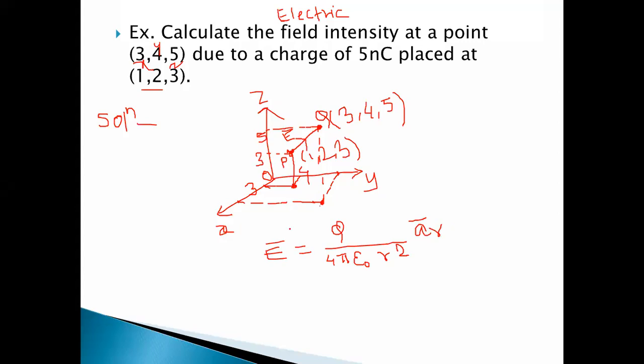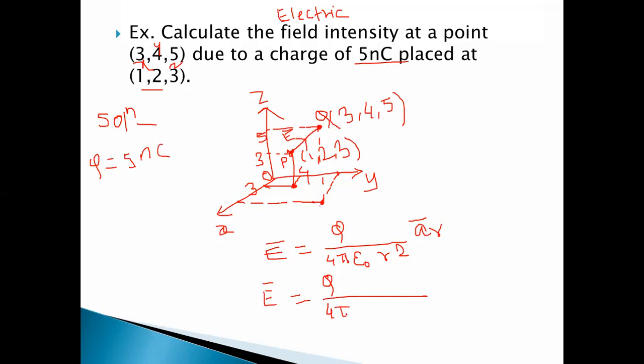Now we have to write this equation as we are considering the points P and Q. So we can write E bar is equal to Q, which is already given, Q is equal to 5 nanocoulomb, divided by 4 pi epsilon 0.